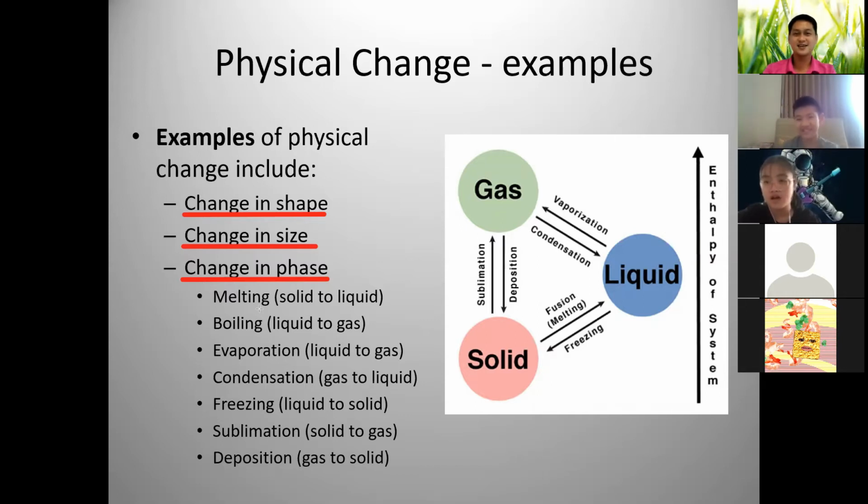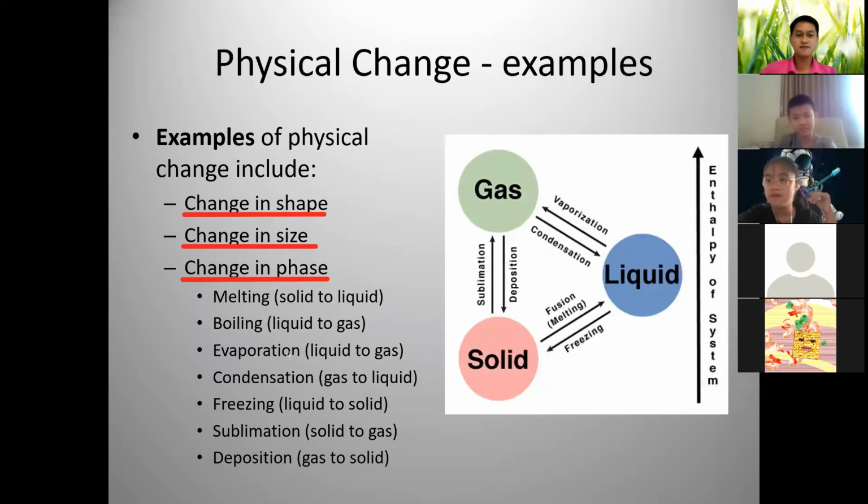Ice melts. Okay, ice is a good example of melting. Next, how about boiling? Boiling is from liquid to gas. You boil water. Okay, very good. So when we boil water, we change the liquid to gas.